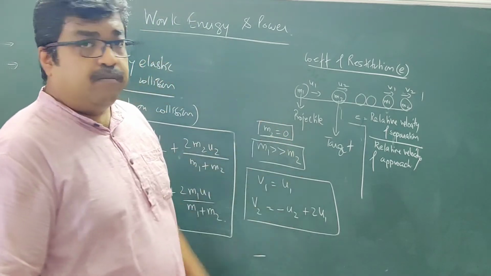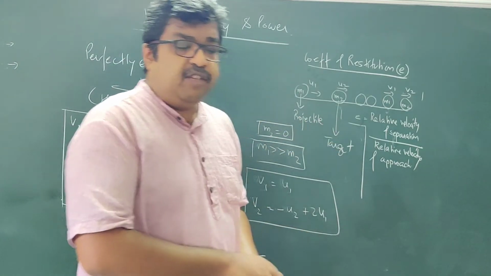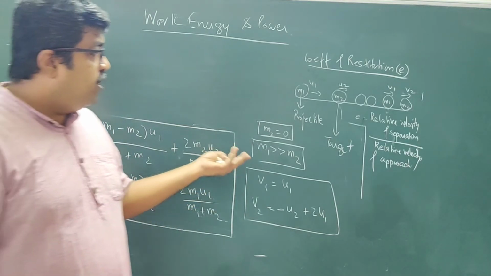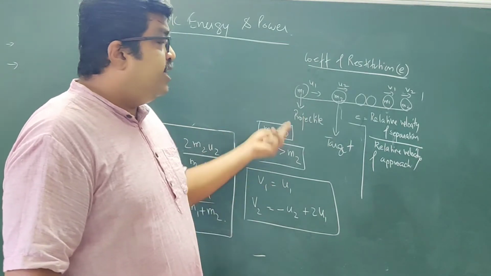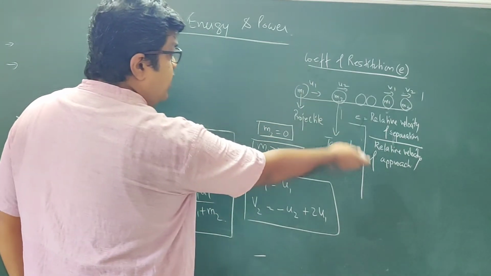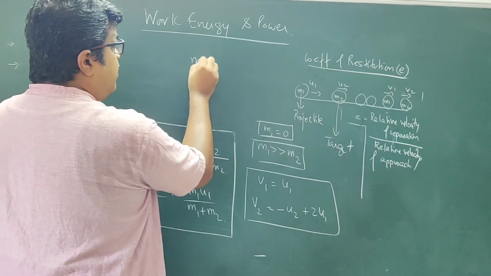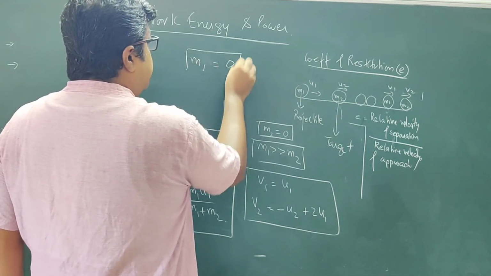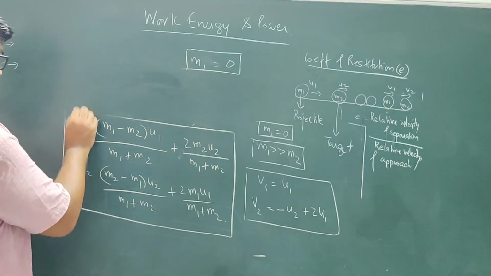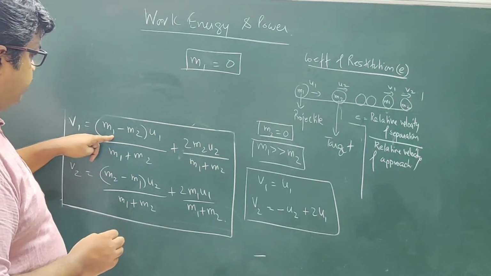That means a massive projectile hits a very small target. Similarly, you can calculate for a light projectile hitting a very heavy target. In that case, we take M1 equal to 0 in this equation.